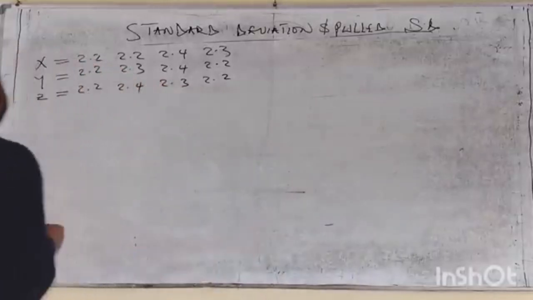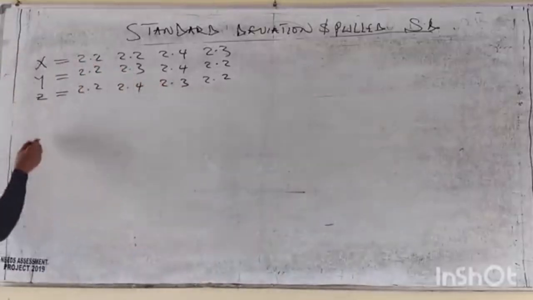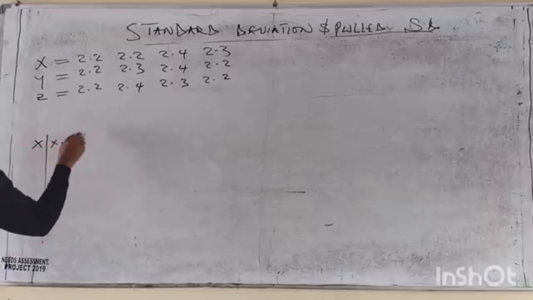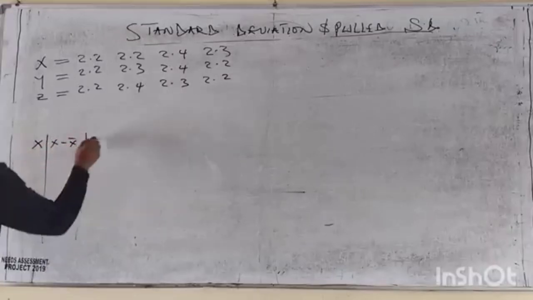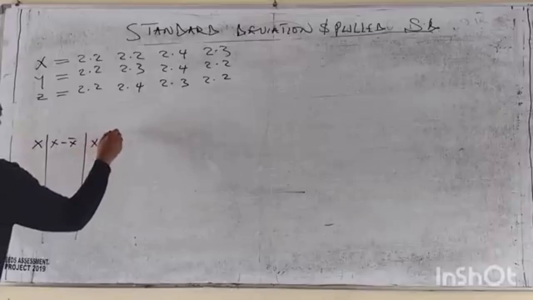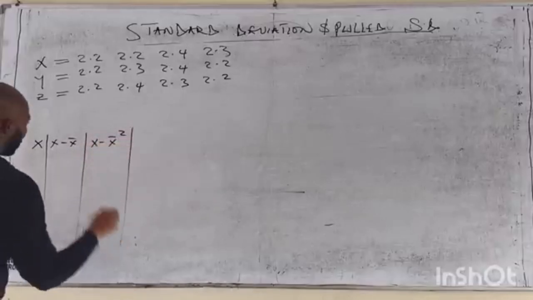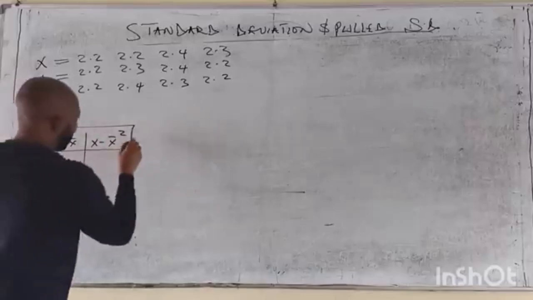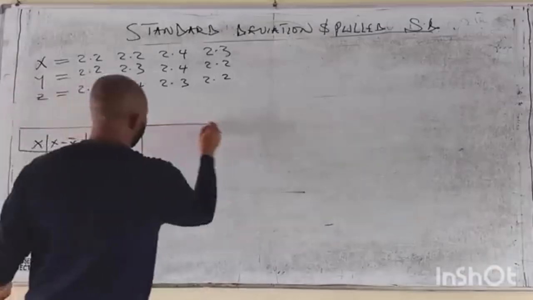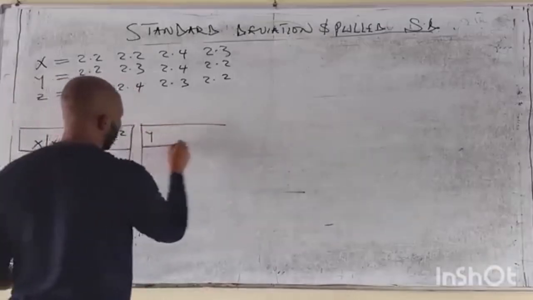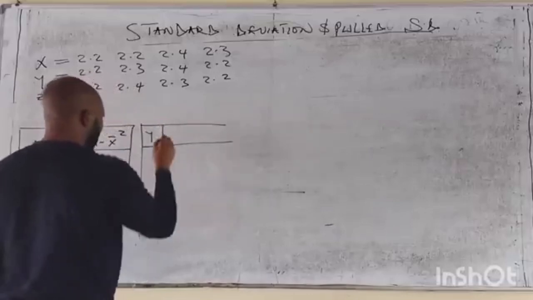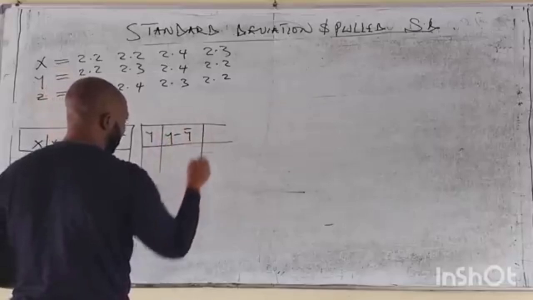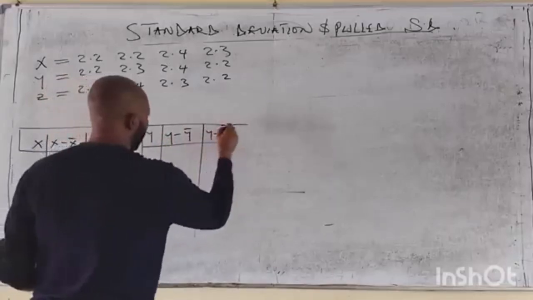So let's start with the x. I have my x minus mean, x minus mean squared. My y minus y mean, y minus y mean squared.